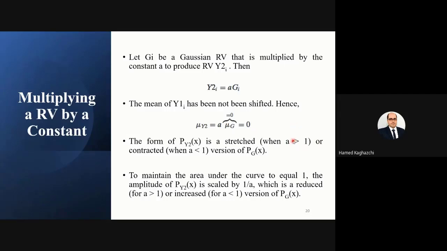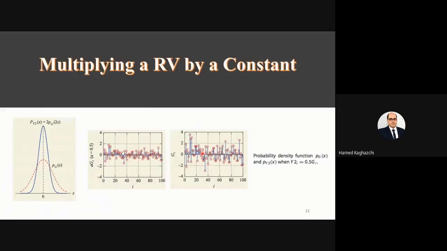If my A is greater than 1, the PDF of Y2 is stretched, and if A is less than 1, the PDF of Y2 is contracted. Look at here. The mean value will not change if I multiply by 2, and because 2 is greater than 1, my PDF, my bell-shaped curve, is stretched.